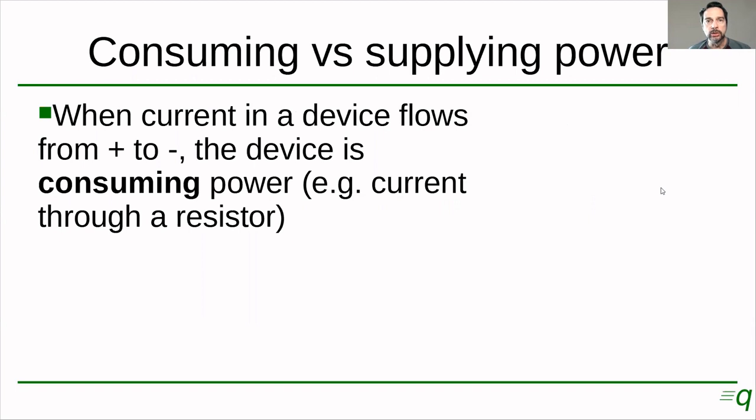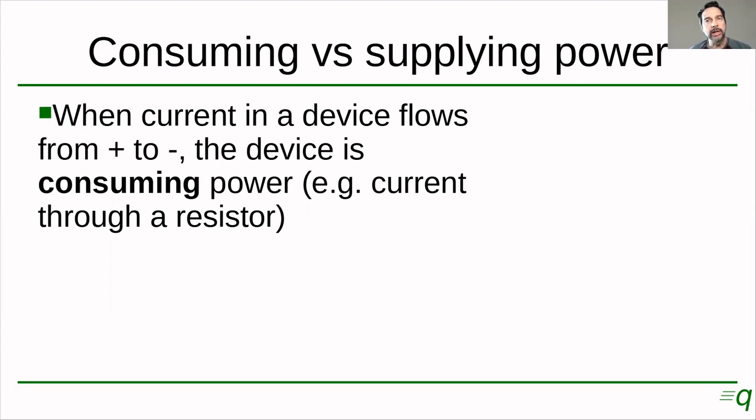Before we get into the details of current sources, let's go back a little bit and review what we studied with power, right? At the time when we studied electrical power, we defined power as the product of the voltage times the current flowing through a device, okay?